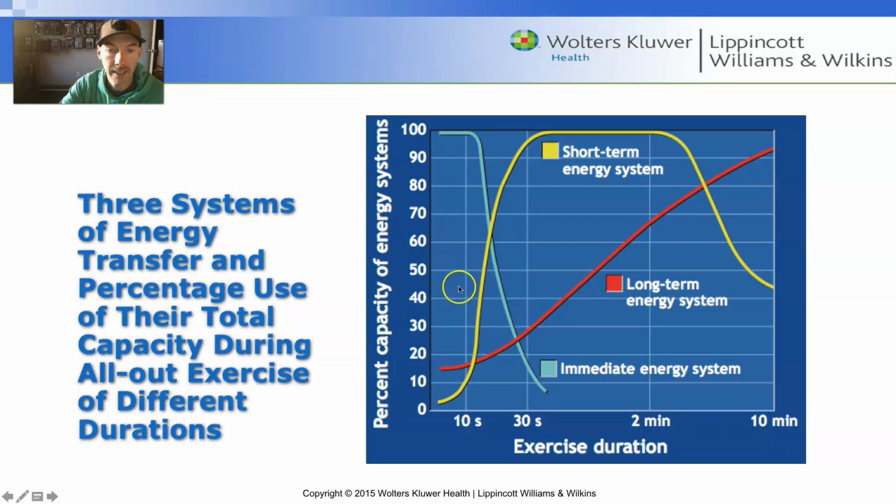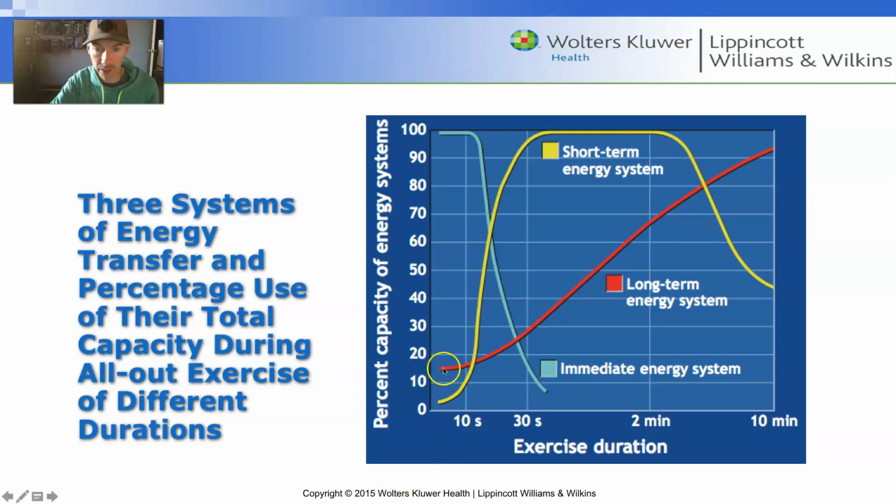And this slide and this graph are, again, speaking to the energy systems, right? So again, imagine that you're an athlete or just a general fitness individual and you want to improve or train for a specific event. One thing to consider would be which energy system that event or activity primarily uses. So if we have somebody who wants to train for a half marathon, which is a 13.1 mile race, clearly that's going to take longer than 10 minutes, right?